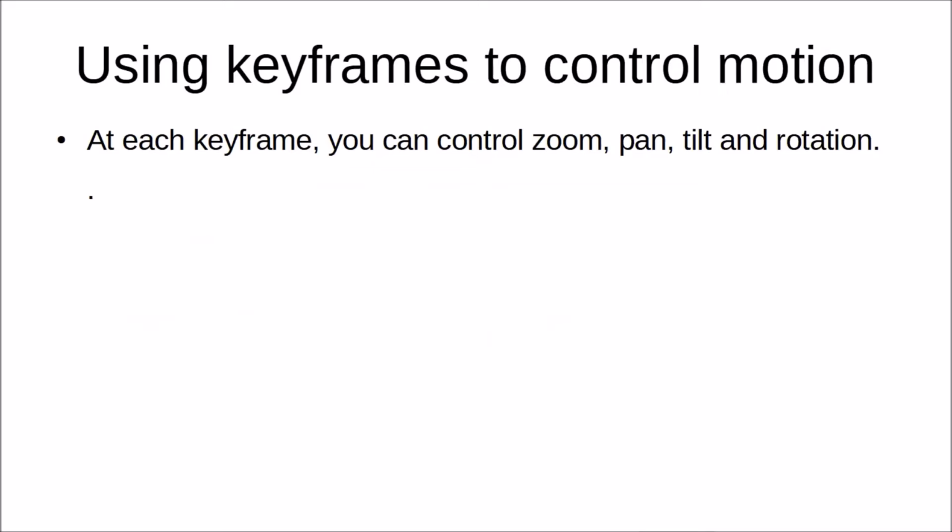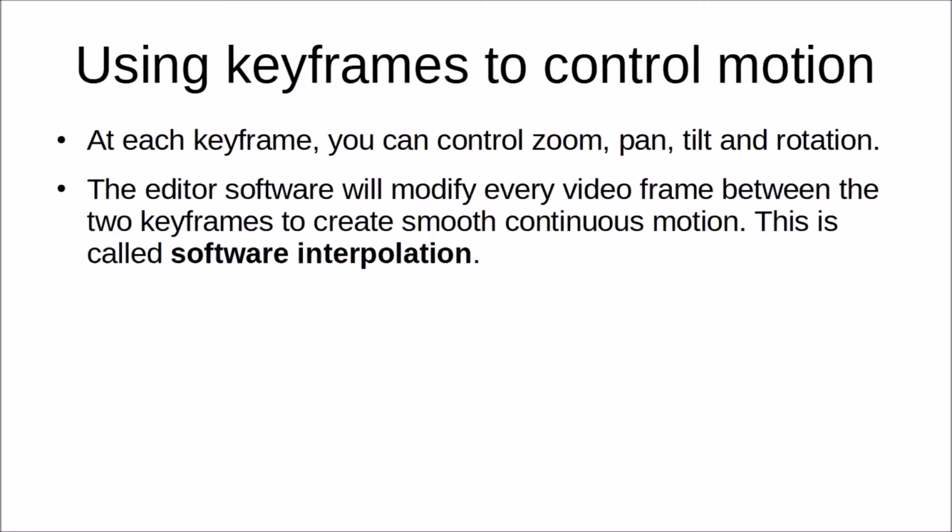But the important point is this, that in between the start point and the end point, the editor software will modify every video frame between those 2 points to create smooth, continuous motion. And that's a technique called software interpolation.